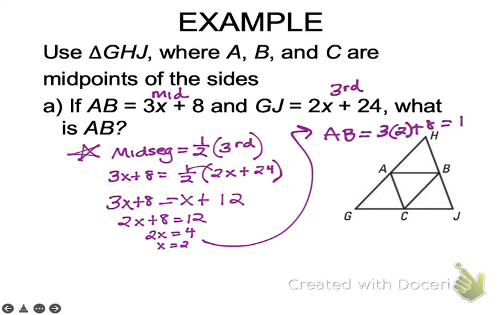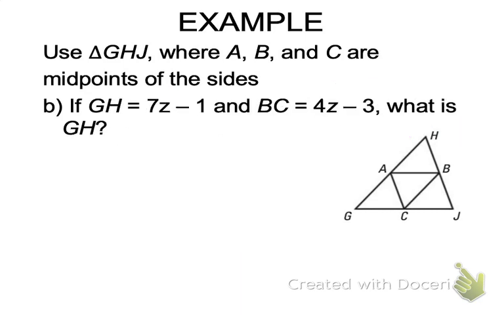So 6 plus 8 is 14. Okay, we see how that works? We'll be okay. I know you're hungry, Marlene. All right, got that? All right, let's jump to B.